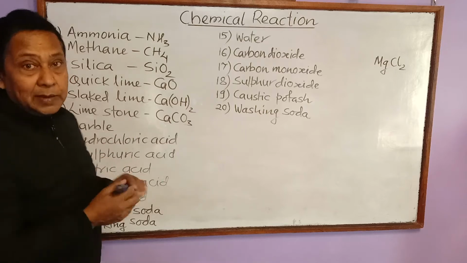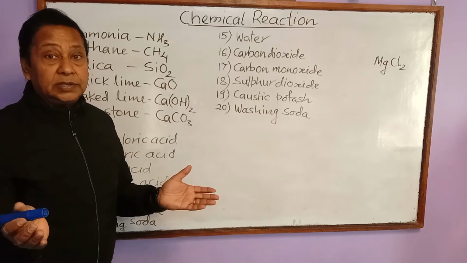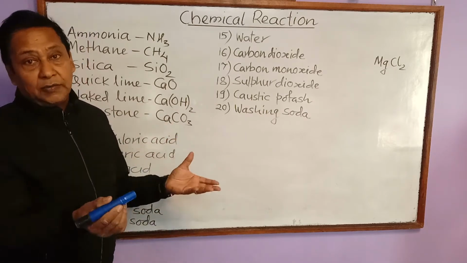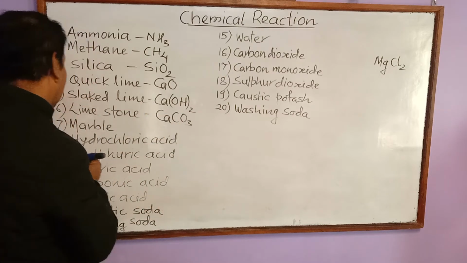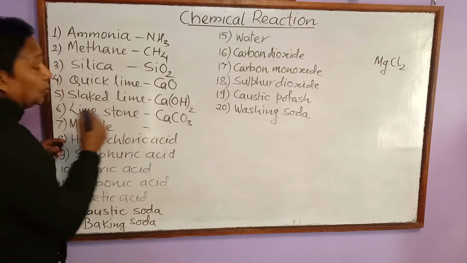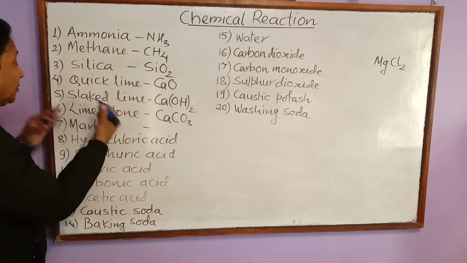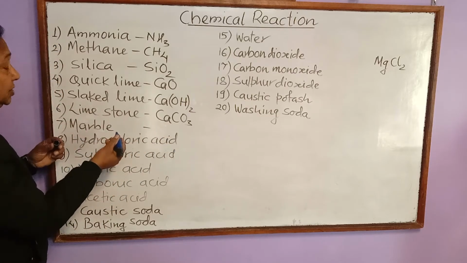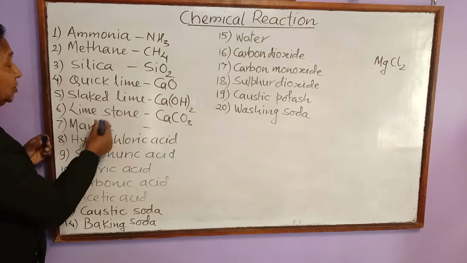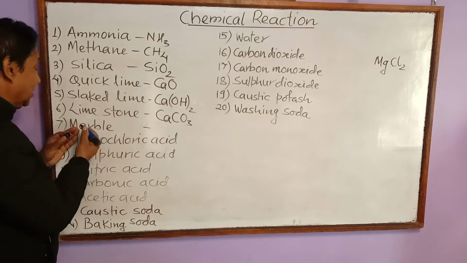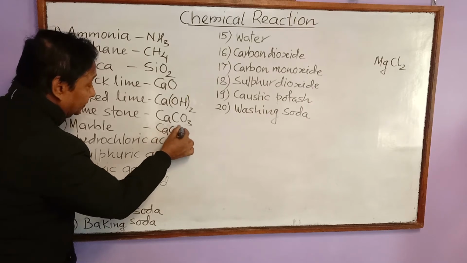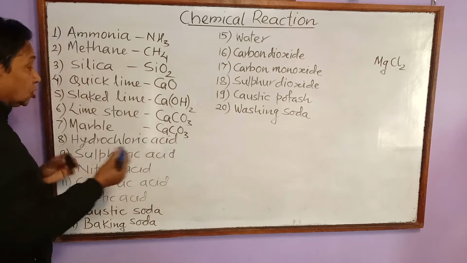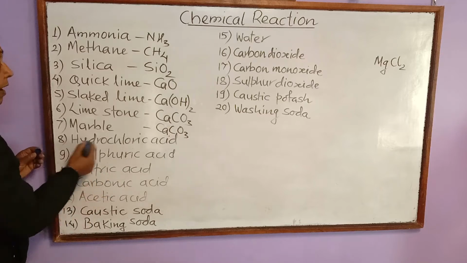If it is told that limestone is heated at high temperature, you must know its molecular formula, calcium carbonate, and then only you will be able to write this. Marble is also calcium carbonate. The hard form of calcium carbonate is marble, and limestone is a little softer than marble. There is also chalk, which is calcium carbonate too.